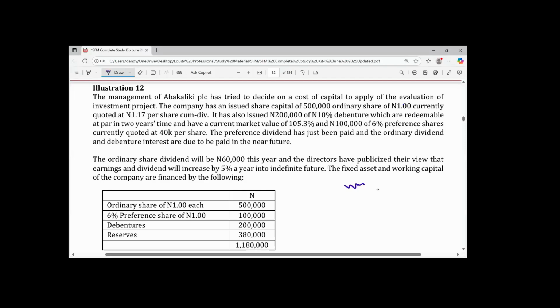Okay. So last week we started with project-specific cost of capital, and we said that the project-specific cost of capital is computed when a company is diversifying or when systematic business and financial risk of a company are expected to change as a result of undertaking a project.